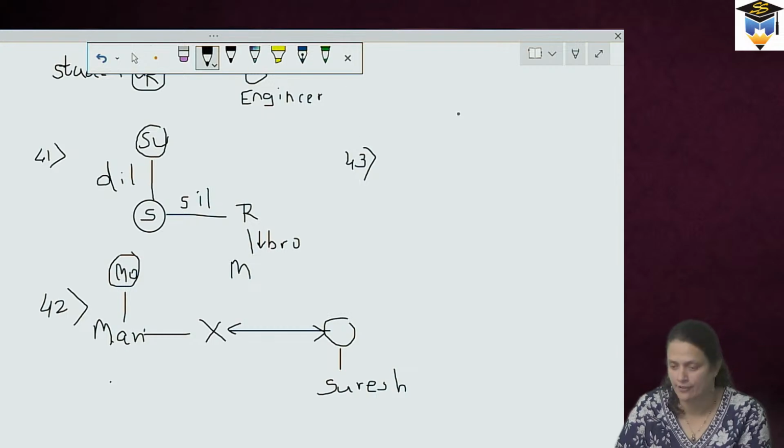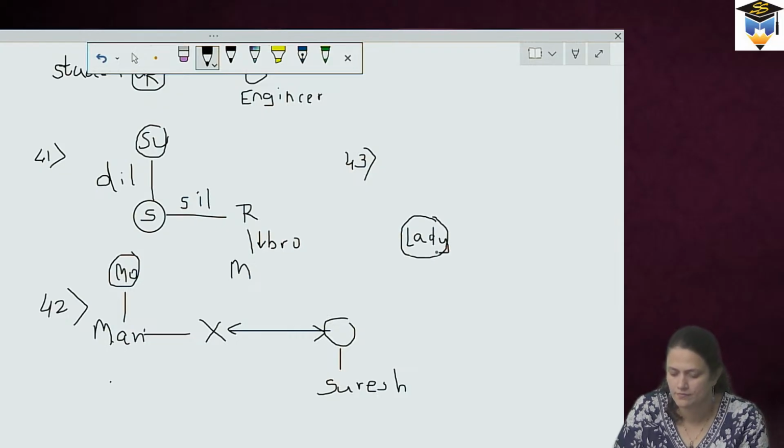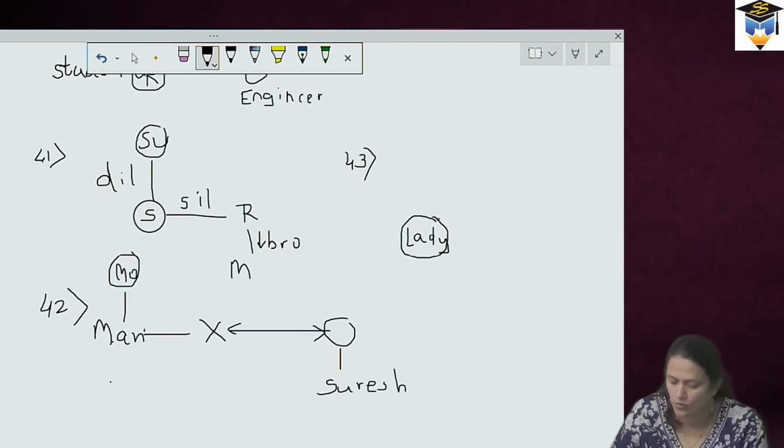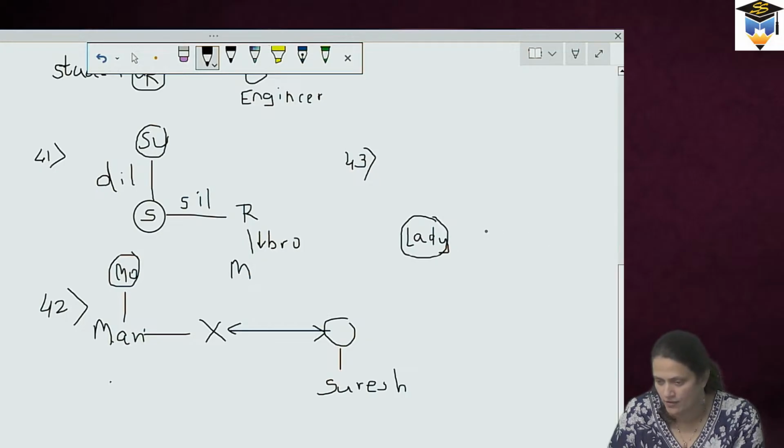Start with the lady herself. This is the lady. Okay, son's wife is my mother-in-law. So this is the lady, this is Y, and she has a wife.